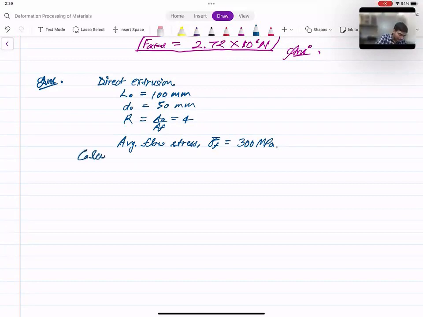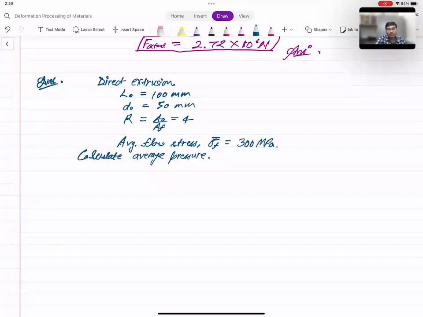And calculate average pressure. As we have seen earlier, pressure will be nothing but a kind of stress only.